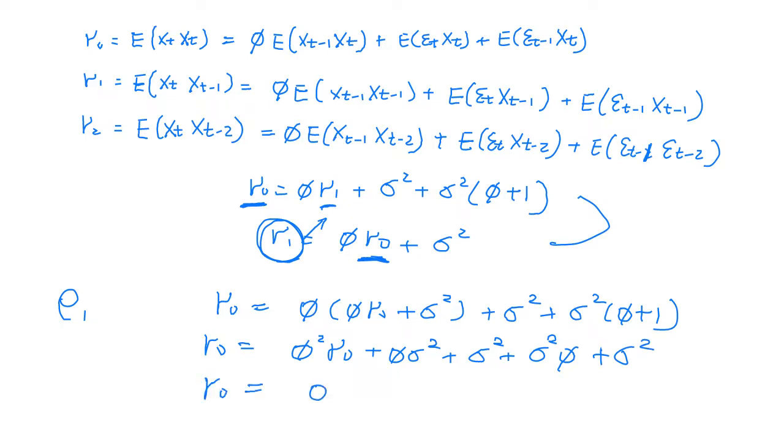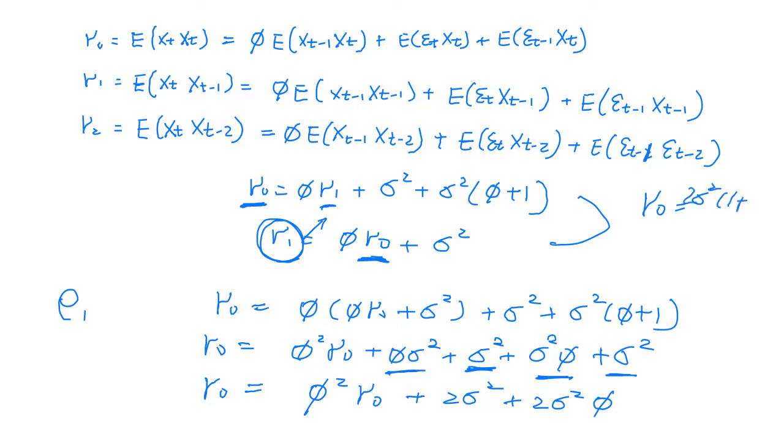It's equal to C squared gamma naught plus 2 sigma, and 2 sigma C. So gamma naught for this ARMA process will look like this in the end. Okay, and then what about gamma 1?